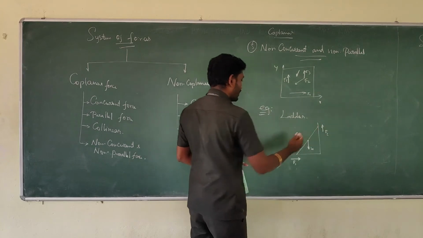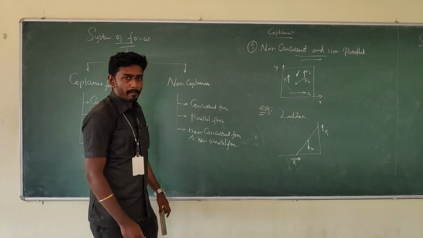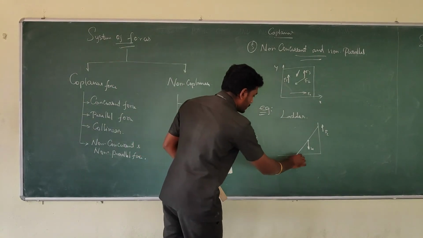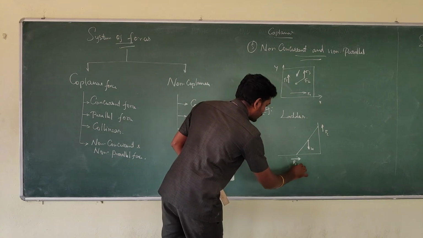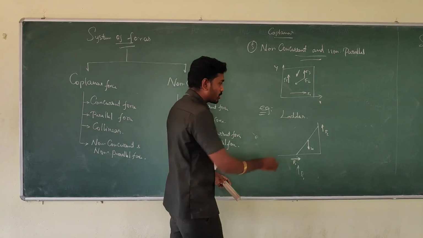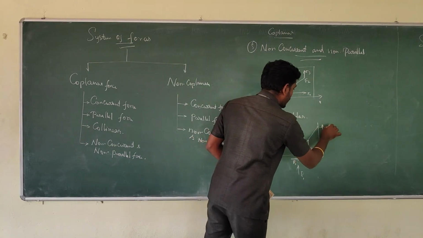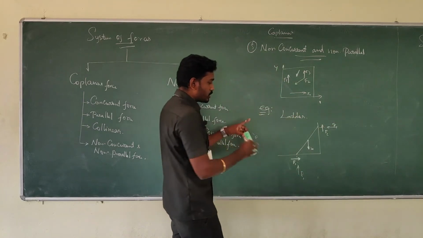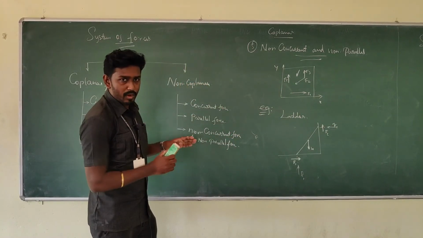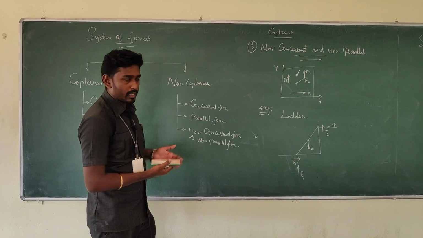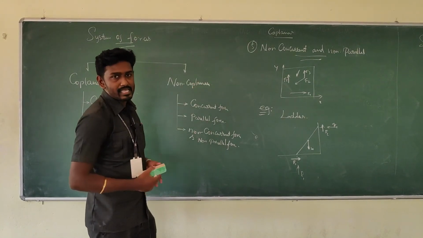If I take this as 1, we can give this as 2. And in the contact areas there will be a reaction, here as well a reaction force. In this system no forces are parallel or meeting at the same point.